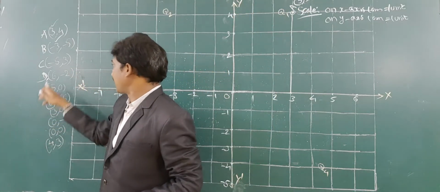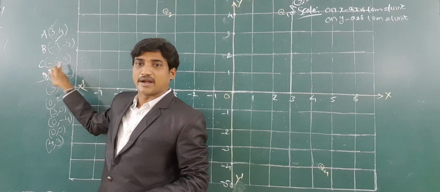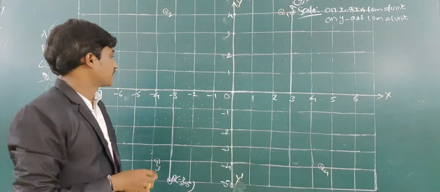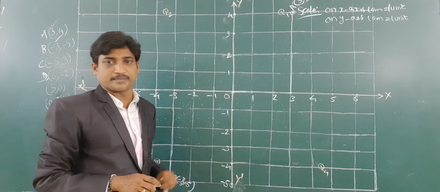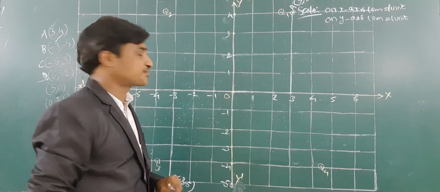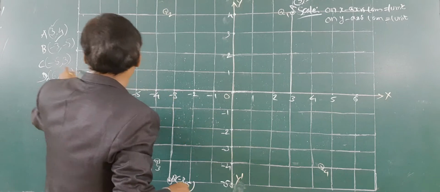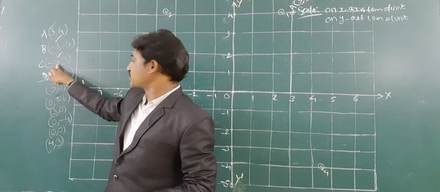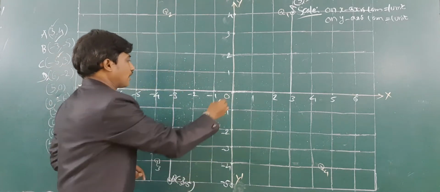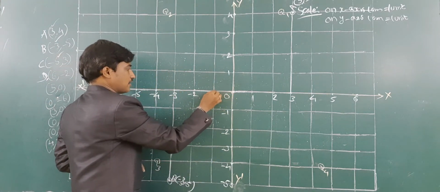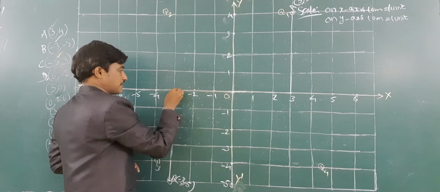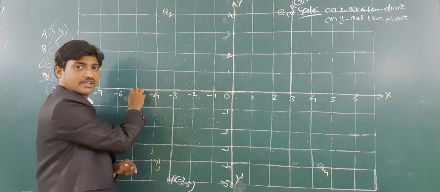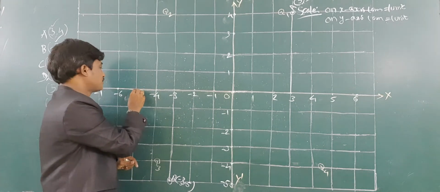Next, point C. Point C is (-5, 3). Starting from origin, as the x coordinate -5 is negative, move along the negative x-axis 5 units, 1, 2, 3, 4, 5 units. Then we need to move vertically. If the y coordinate is positive, move upward.